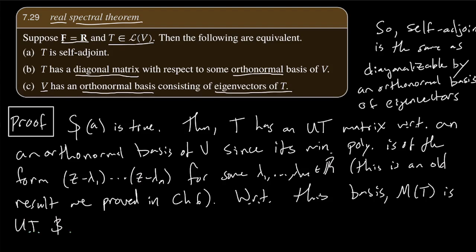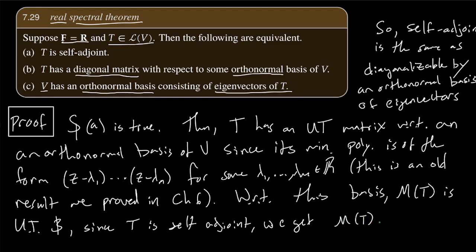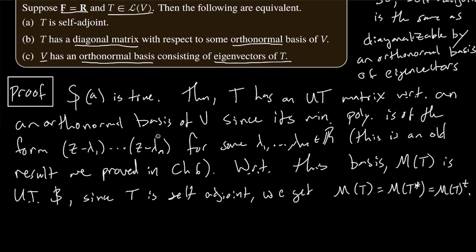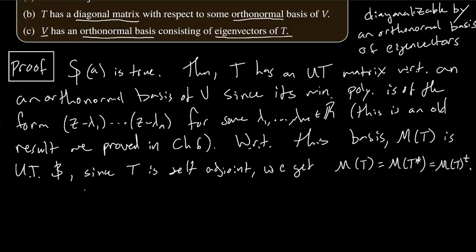and since T is self-adjoint, we get the matrix of T is certainly equal to the matrix of T's adjoint, since the adjoint is equal to T. But this is just the matrix of T's transpose. Oh, when is an upper triangular matrix equal to its transpose?